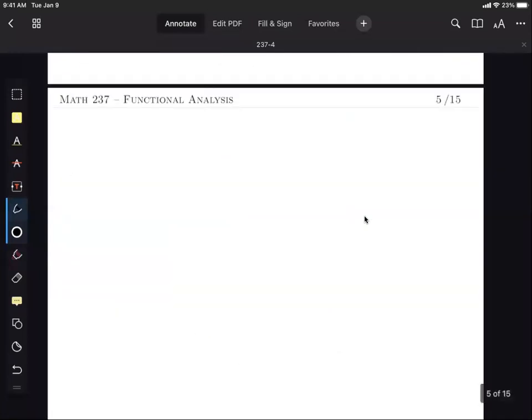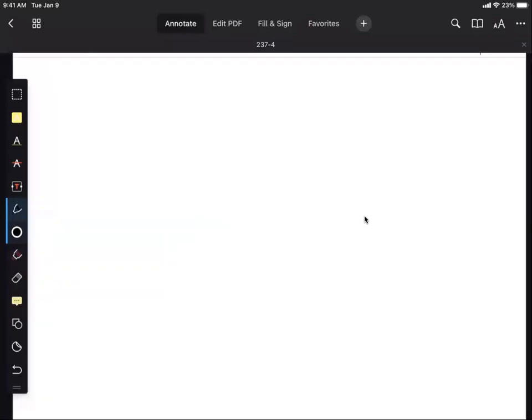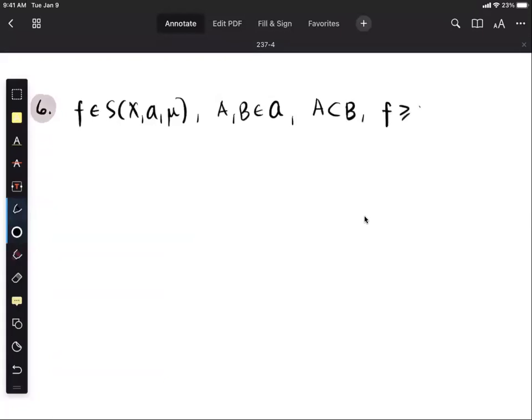So that's the geometric interpretation of this one. And finally, the next property, I should say: if I have, let's say, a simple function in this pre-measure space with values in R, and two elements in the algebra, one a subset of the other, say A is a subset of B, and f is greater than or equal to 0 almost everywhere.